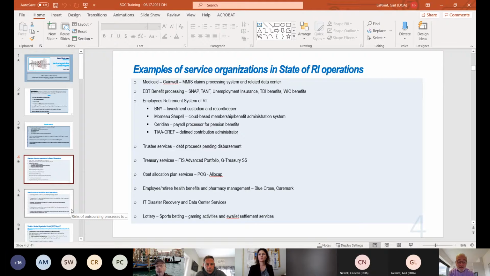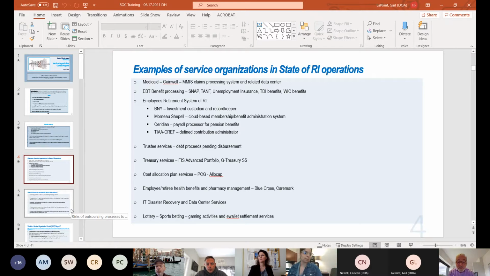So we have trustee services all over the place too. Treasury uses different service organizations to do their job for short-term investment management and bank reconciliation functionality. Almost every department has a cost allocation plan. If they're done by PCG, which is a common one, their AlloCap process is a service organization, and they have a SOC report.